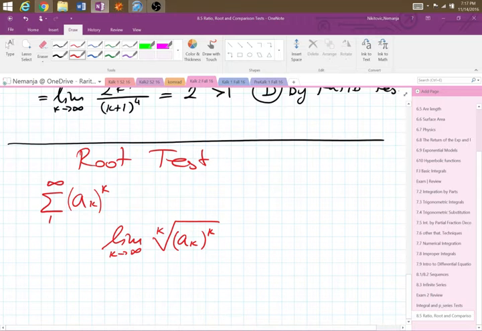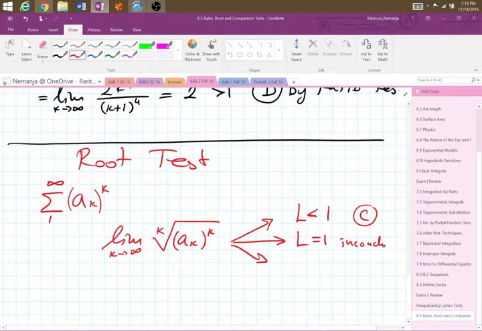Obviously, they will cancel, right? And you have 3 possibilities. Limit is finite and less than 1, convergence. Limit is equal to 1, inconclusive. Limit is larger than 1, divergence. Same conclusions as the previous test.